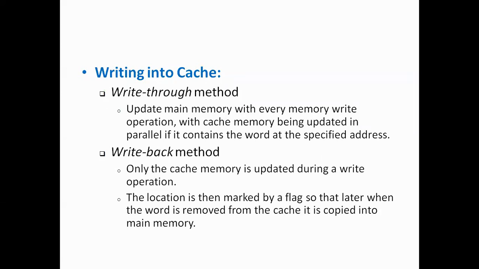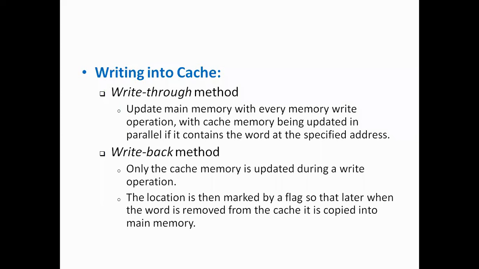But if the CPU wants to write something, some data or instruction into the memory, how will that happen? There are two ways of writing. One is called write through method, the other is called write back method.